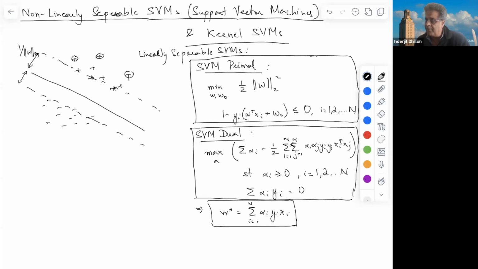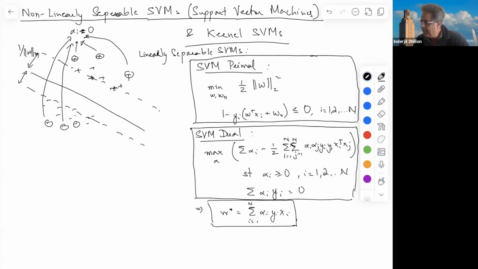If you have points which are away from the margin, these alpha i's end up not contributing to W. So these alpha i's are all equal to 0. We would not really have realized that if it wasn't for analyzing the complementary slackness conditions.